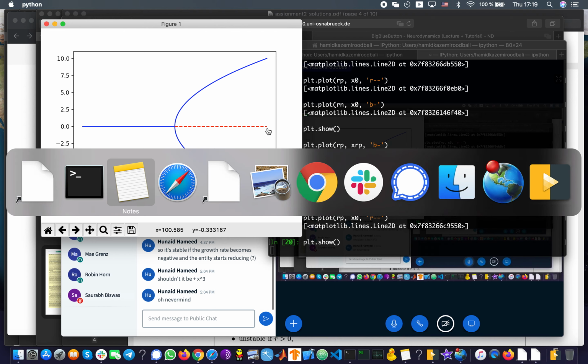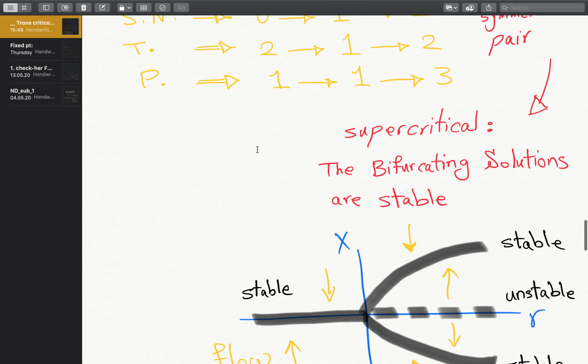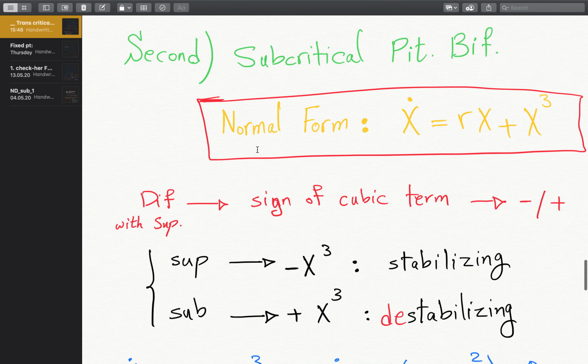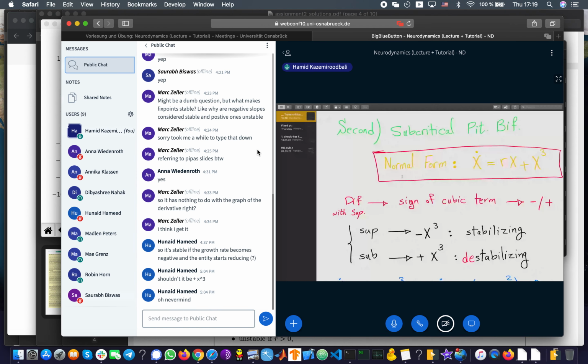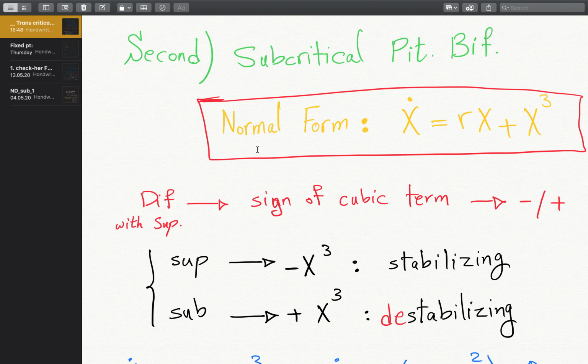Okay, let's talk about subcritical pitchfork bifurcation. So the normal form is going to be x dot equal to rx plus x cubed. The difference with supercritical is the sign of the cubic term.